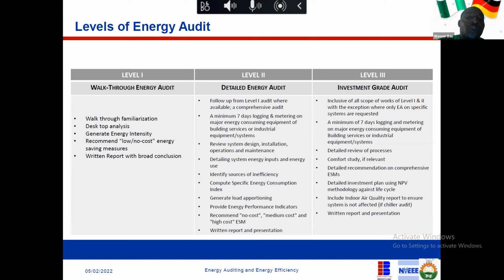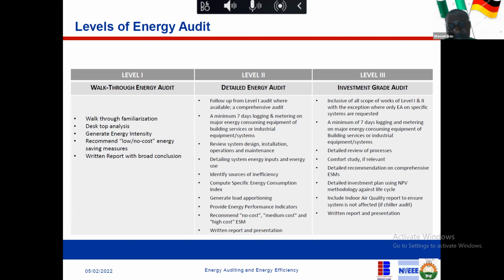Then, for the investment grade audits, we call it bankable audit. These are the ones you take to investors. These are the ones that should have the numbers. Now, let me just say this. Everything about level 1 audits is inside level 2, and everything about level 2 is inside level 3. So all the things I've said about level 2 audits, you will do the same thing in level 3 audits.